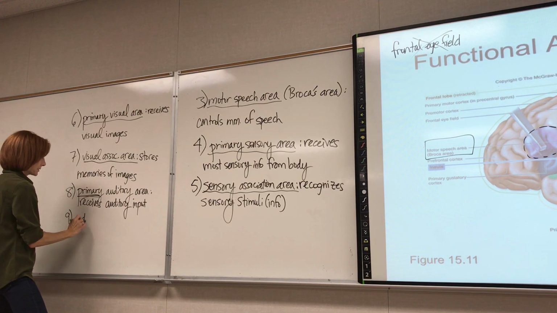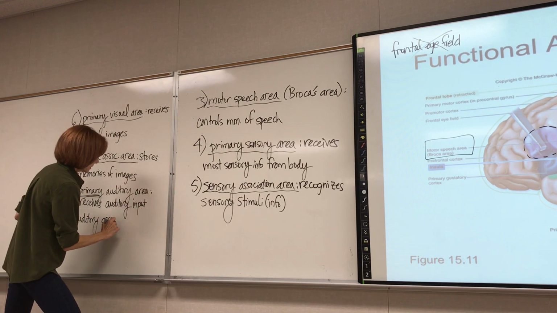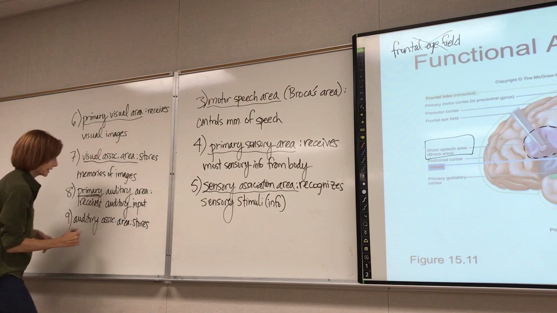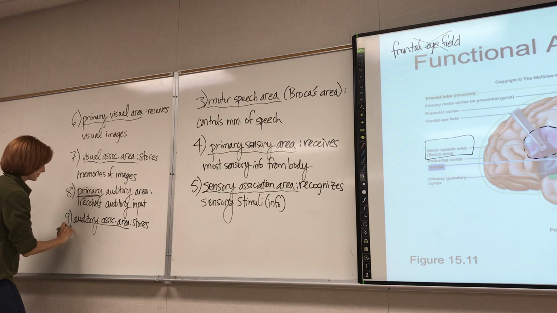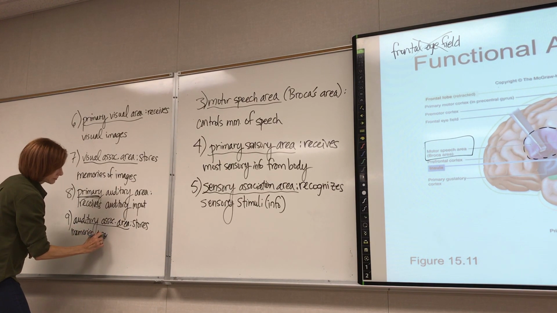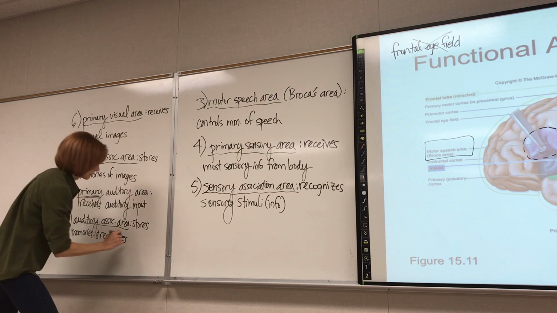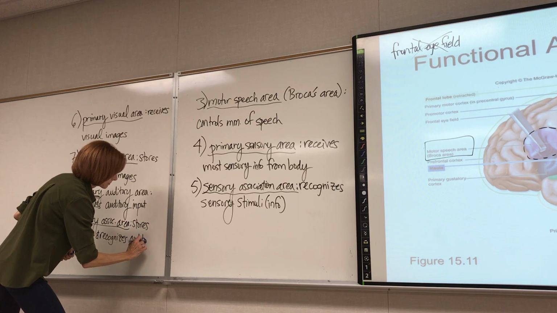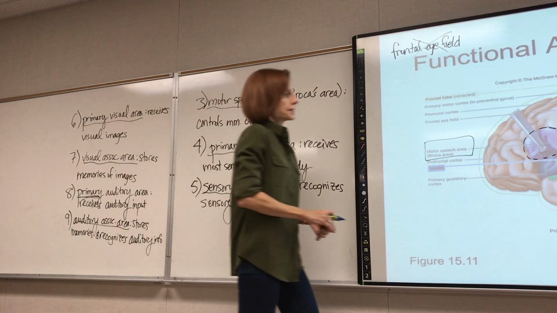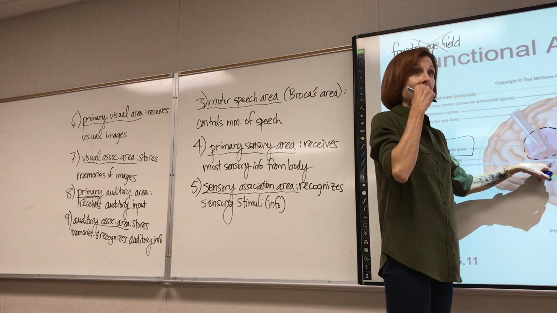And then the auditory association would store memories, and so it recognizes what you're hearing. Okay, so just a couple more areas. In the insula, this is where taste is located.